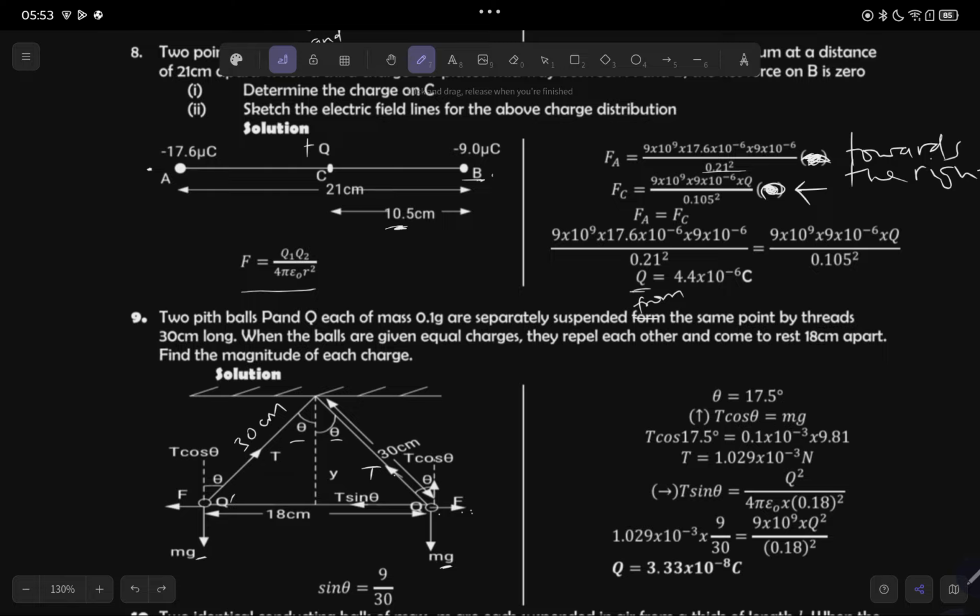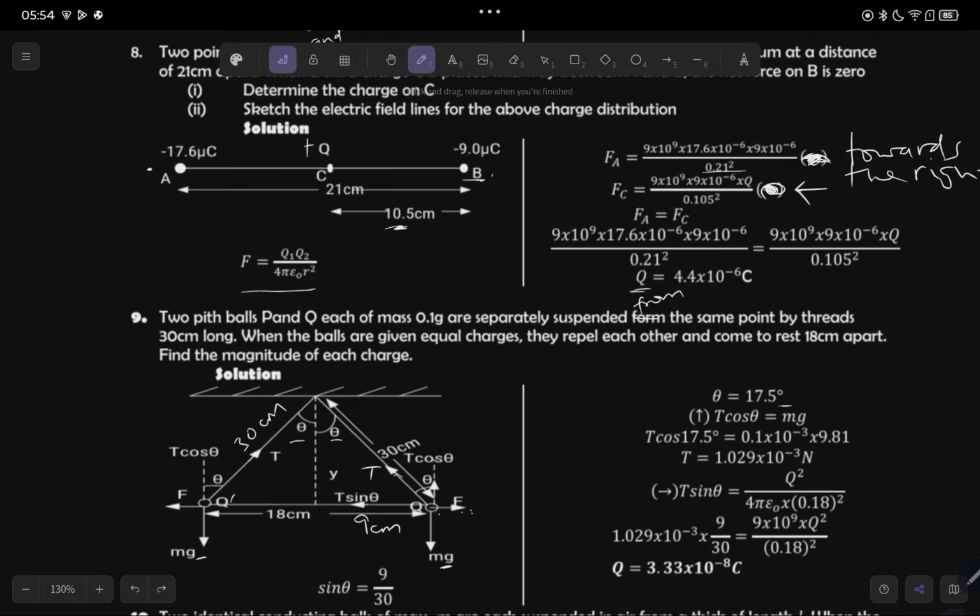To resolve it, we need to find the angle theta. Using half of 18, which is 9 centimeters, and the 30 centimeters, we use sine theta is 9 out of 30, opposite over hypotenuse, and we get the angle theta as 17.5 degrees.